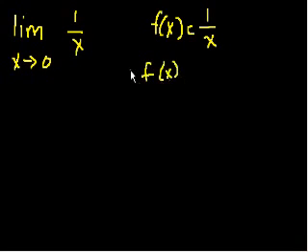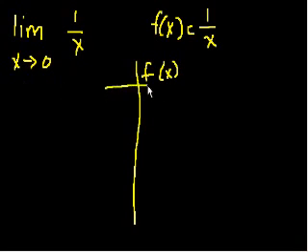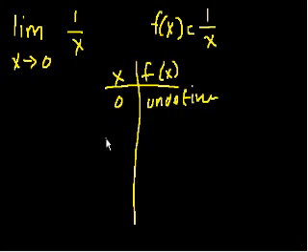F of x and x. So clearly when x is equal to 0, it's undefined. 1 over 0 is undefined.